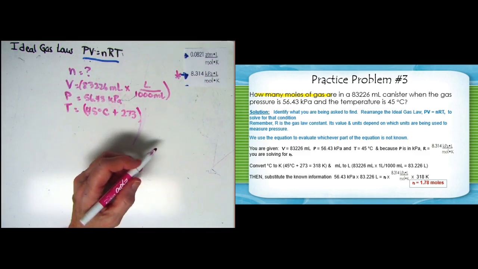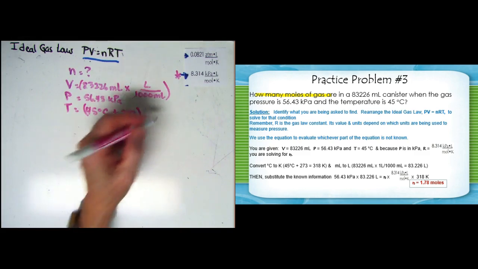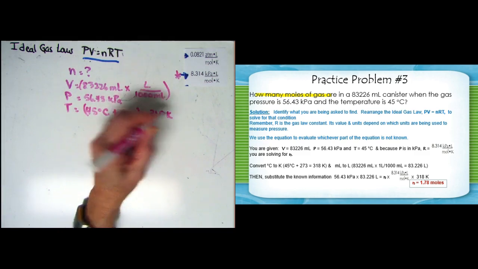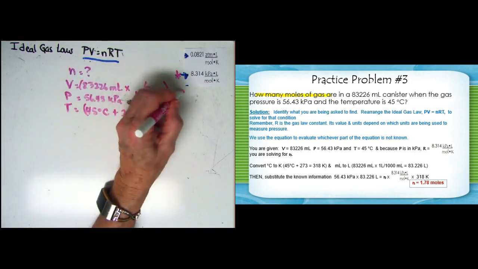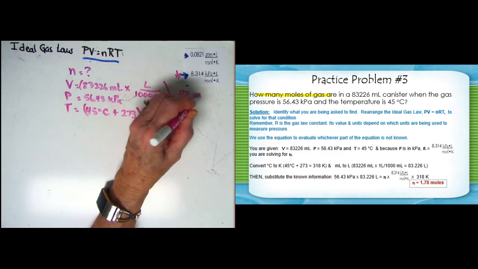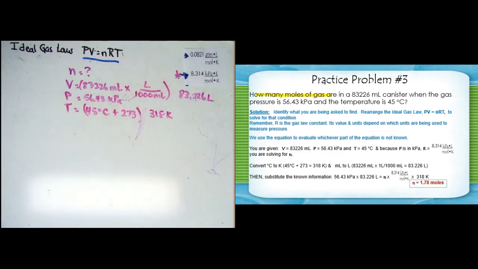So in our particular case, guys, Kelvin is going to be 318. And we can see that all we've done is divide this. We're going to have 83.226 liters.